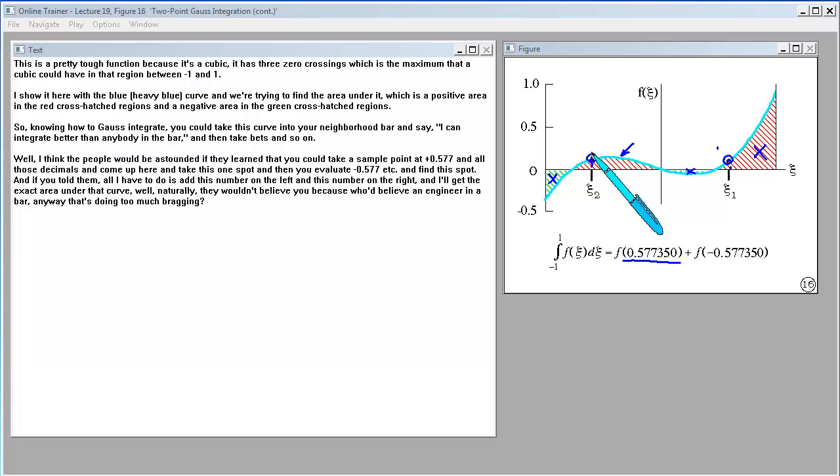And if you told them all I have to do is add this number on the left and this number on the right, and I'll get the exact area under that curve. Well, naturally they wouldn't believe you, because who'd believe an engineer in a bar anyway that's doing too much bragging?